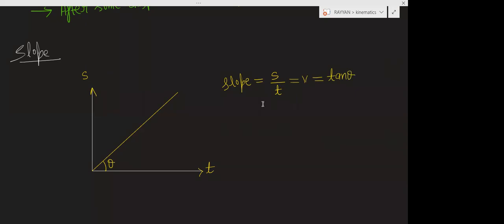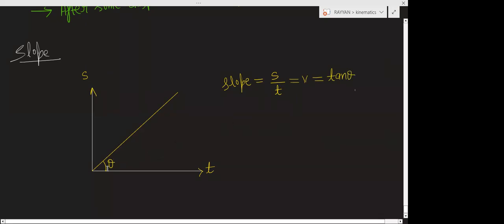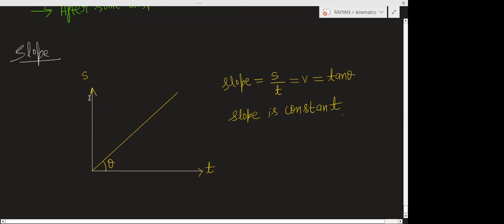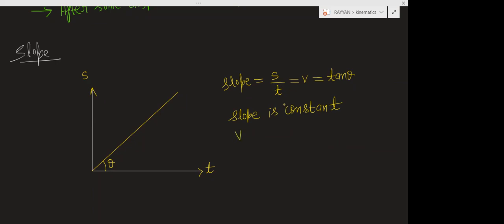Now this tan theta will remain same. This theta is not changing now with time. Theta is constant here. So slope is constant. If slope is constant, then you can say the slope of the displacement time graph is constant, and you can say the velocity is constant.